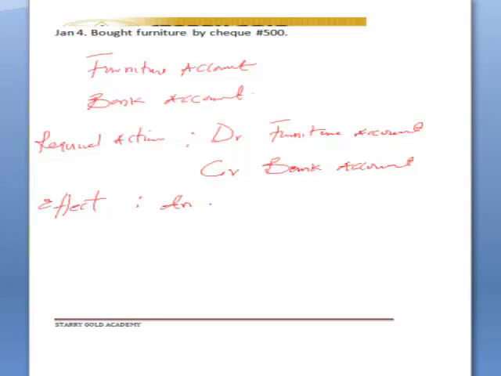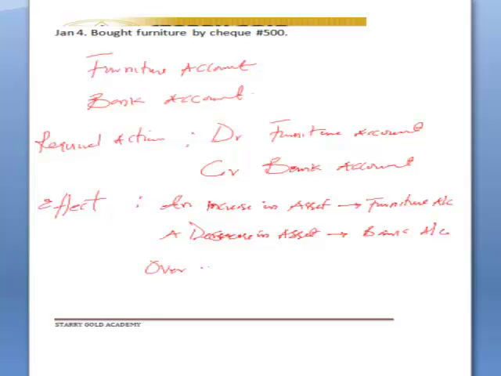There will be an increase in assets, which is the furniture account, and also a decrease in assets, which is the bank account. So the overall effect means what?